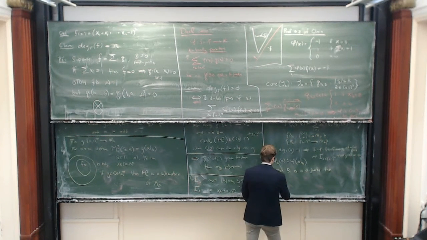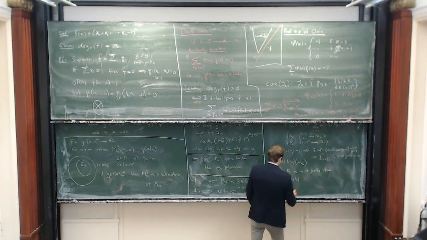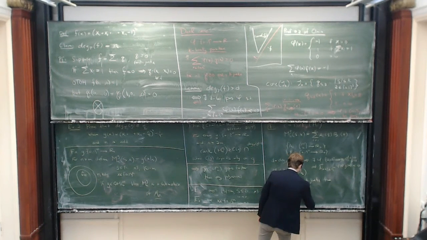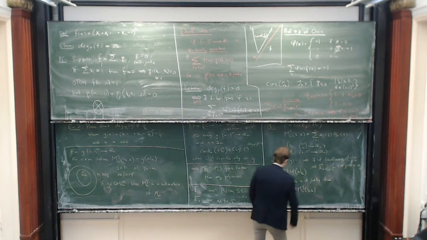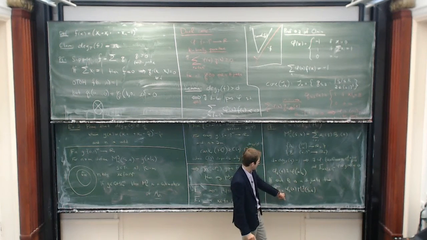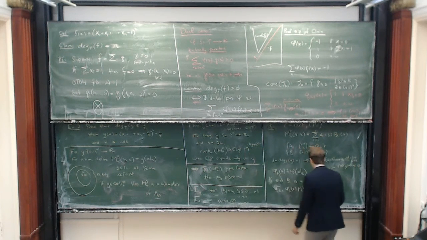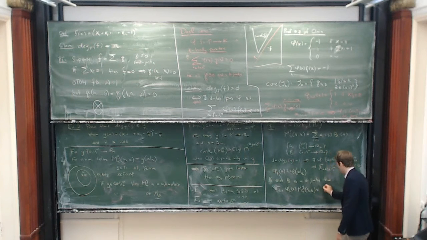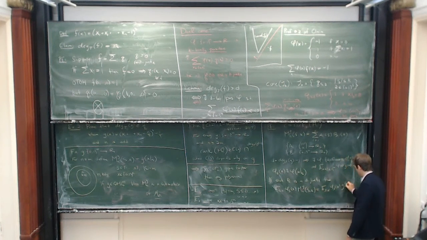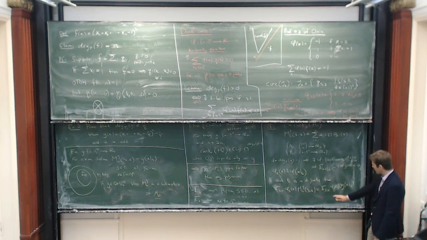Now I'm going to apply this to both sides. I choose a random subset S and a random X, and I look at phi sub S of X applied to the left-hand side. By definition, this is g, and actually the S doesn't matter here.